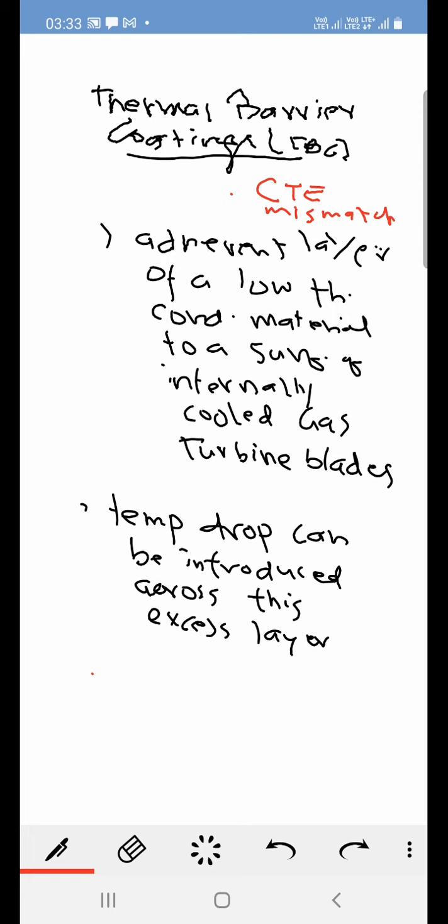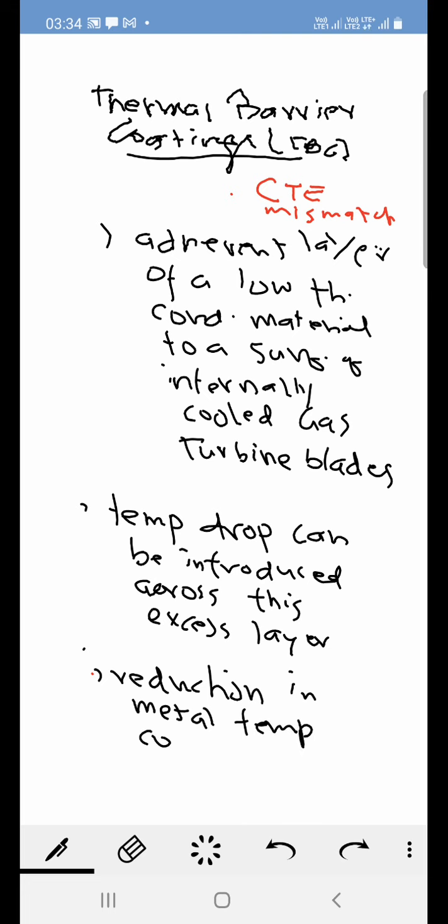In other words, reducing the CTE mismatch results in a reduction in metal temperature of components. Mainly these are ceramic materials, so it actually protects the metal from excess change in temperature.